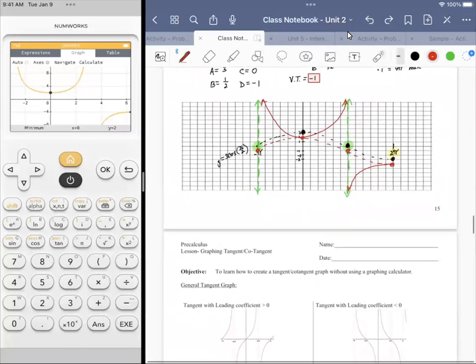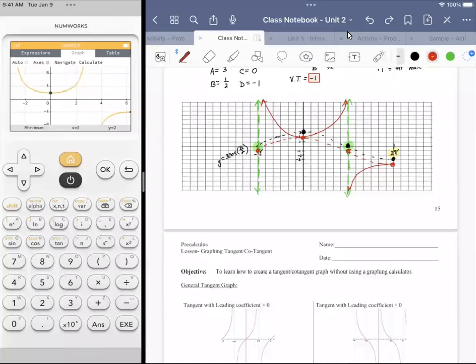All right. So that is reciprocal trig functions. We also have other types of trig functions like tangent and cotangent functions. The tangent function is a little bit easier. The cotangent function, well, it's related closely to the tangent function. So if you understand one, you understand the other.